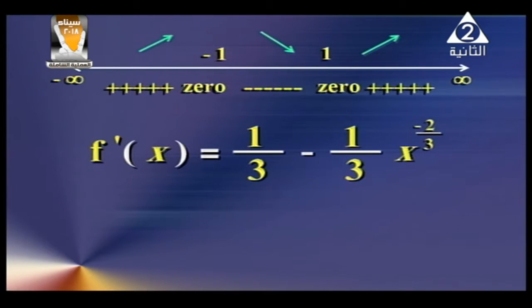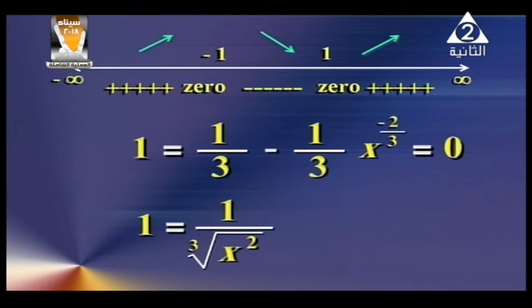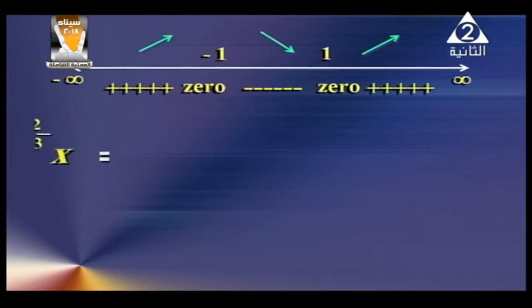One third is a common factor, and x in this case is not equal to 0, because when x equals 0 the expression is undefined. Then we find 1 equals 1 over the cubic root of x squared, so x to the power 2/3 equals 1.